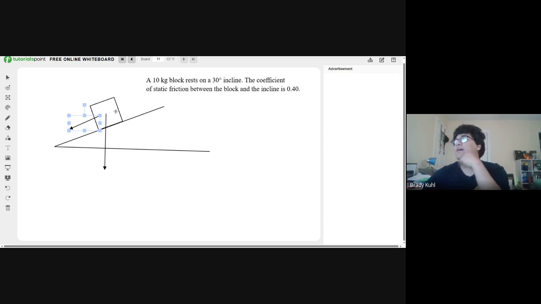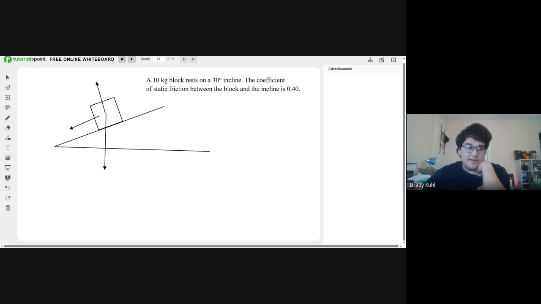Oh no, we only have three forces, because it's on a slope. And we have the normal force.